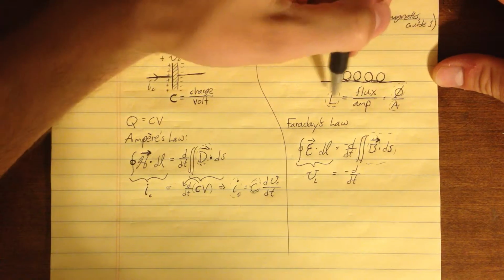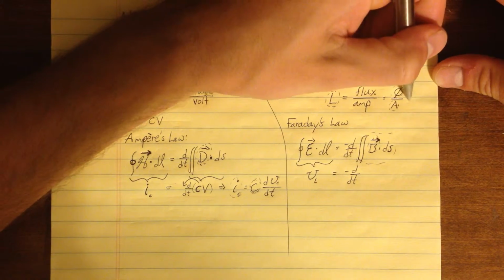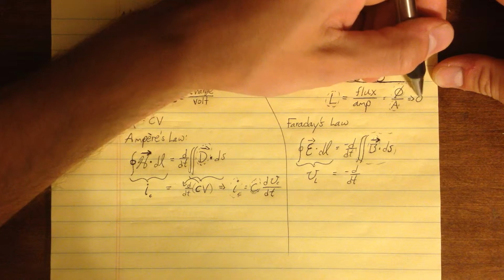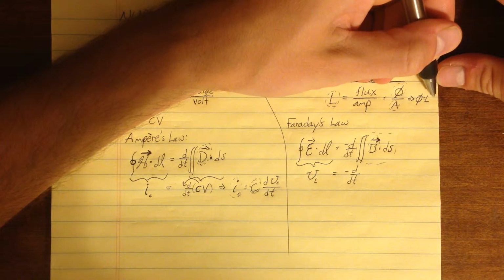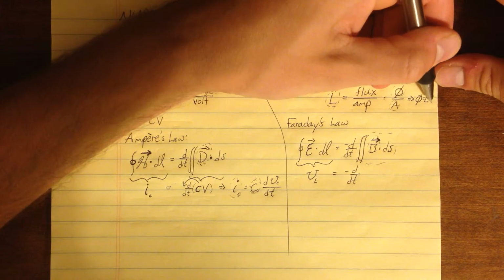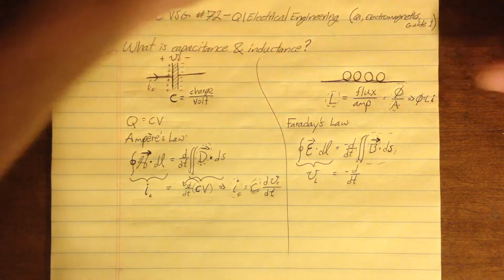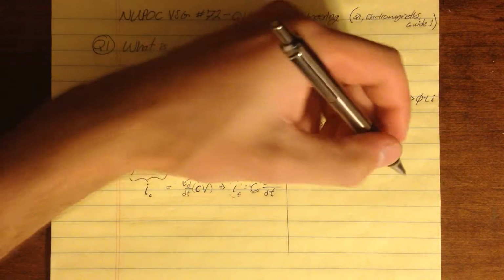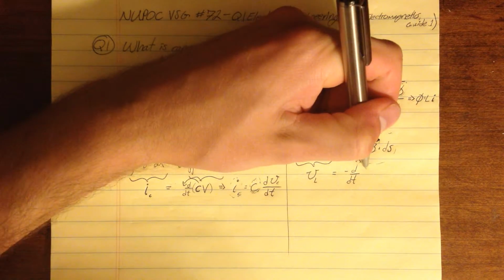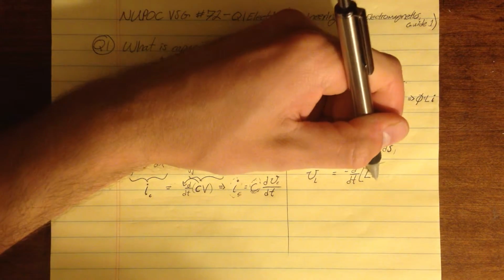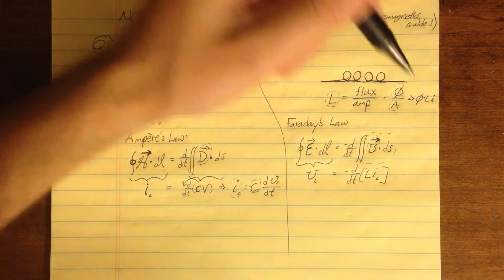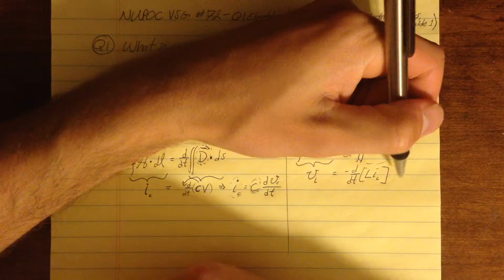And we said here that inductance is flux per amp, so that means flux is inductance times current, let's say I. So that means we can say this is the negative time derivative of L times I. I'll put a sub L there to indicate it's for an inductor.